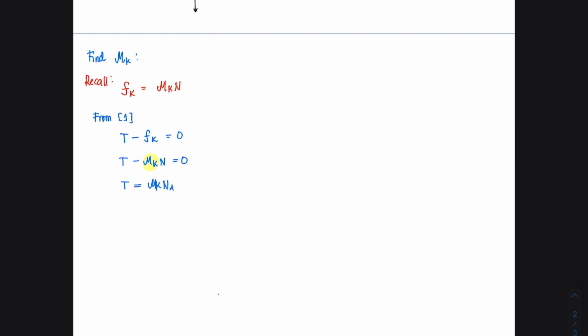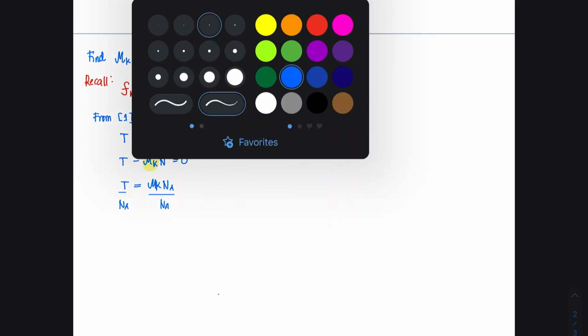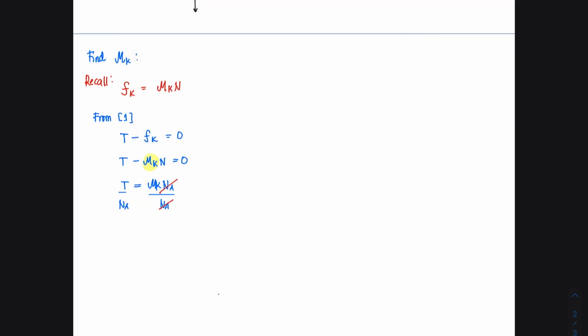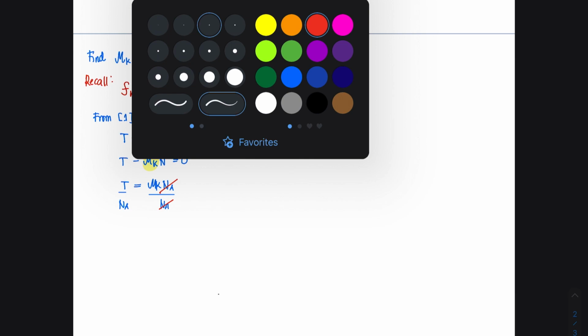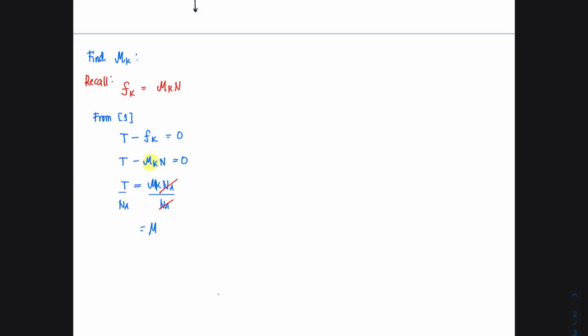Since I'm just looking for mu k, I'm going to divide both sides by n sub a. So what is left in my expression would be mu k. Mu k is equal to T all over n sub a.